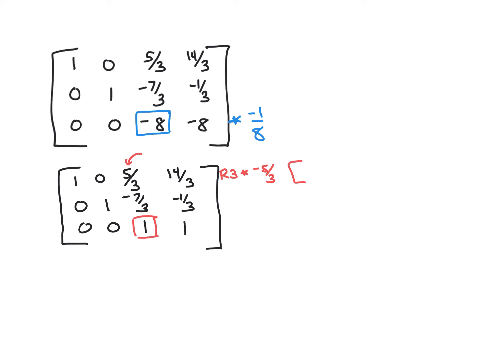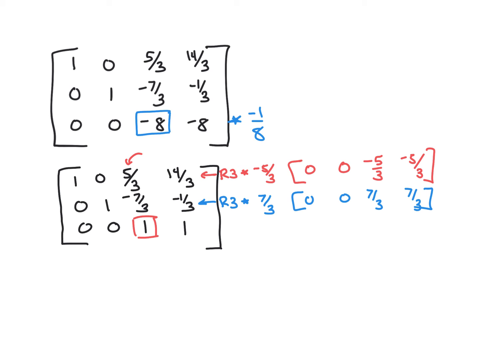So we'll get 0, 0, negative 5/3, and negative 5/3. And we will also multiply row 3 by positive 7/3 and get 0, 0, 7/3, 7/3, and we will add these to their respective rows to get a new matrix.